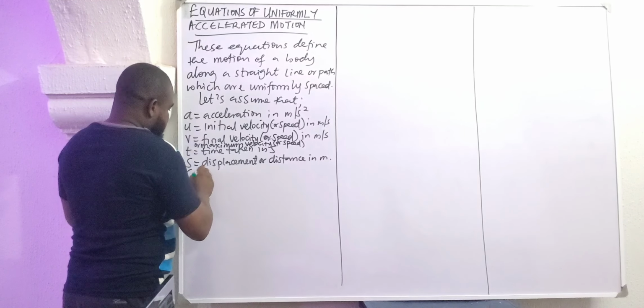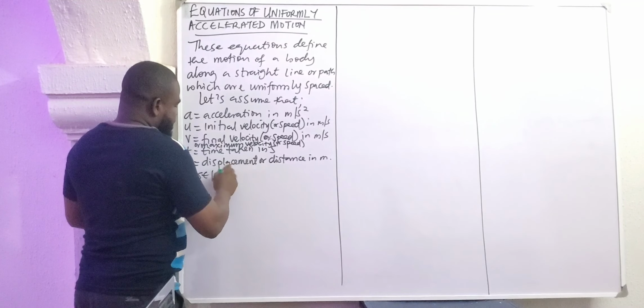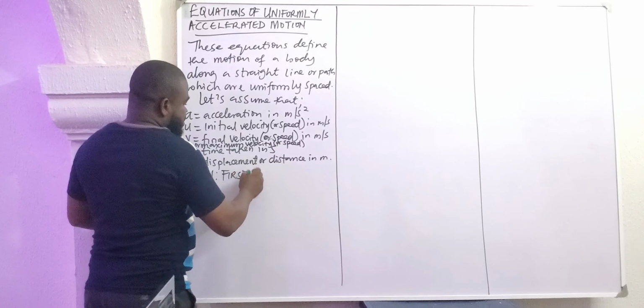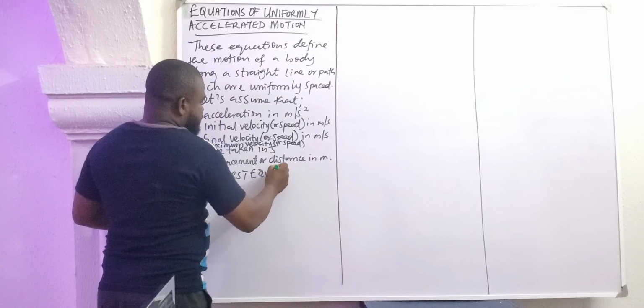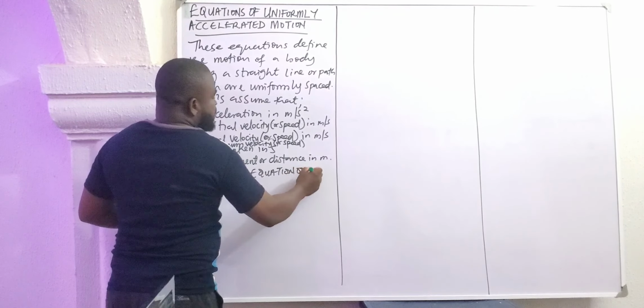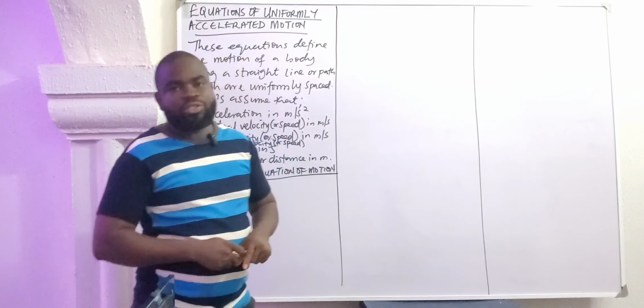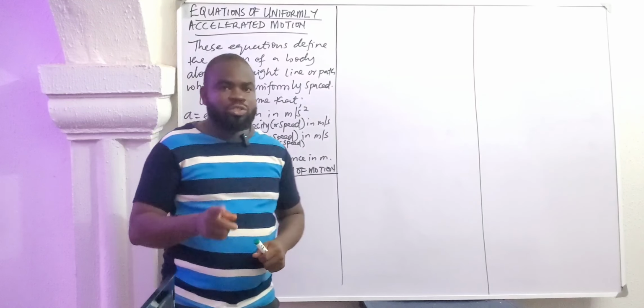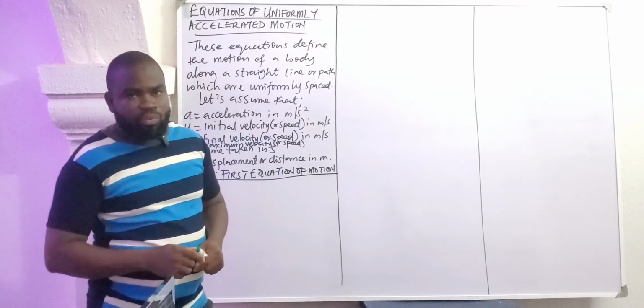So let's take case 1, the derivation of the first equation of motion. This first equation of motion is obtained from the definition of acceleration, which is the rate of change of velocity with time, or the time rate of change of velocity.